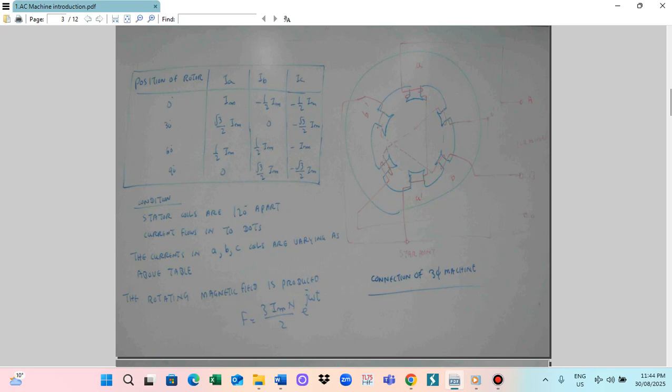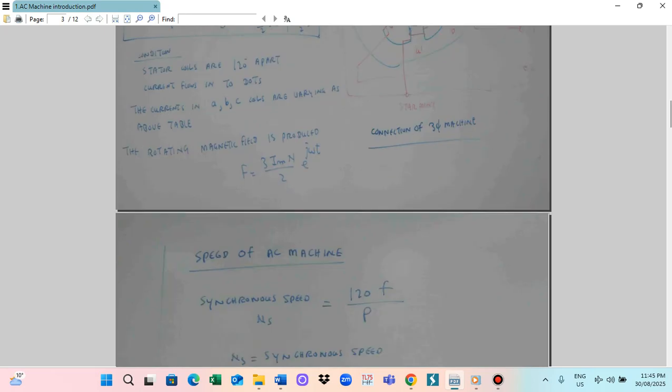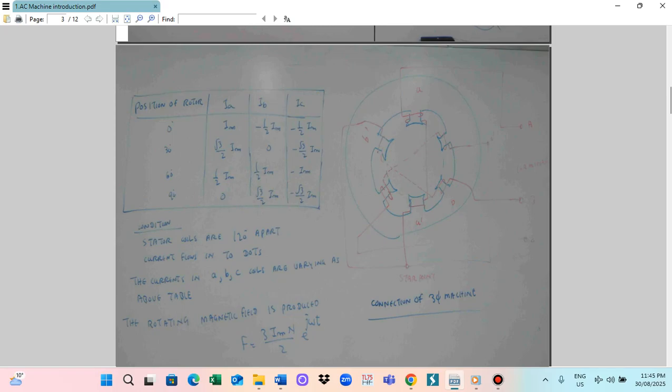Then A, B, C will be the terminals, and this is the star point. So this is the connection of the 3-phase AC machine.